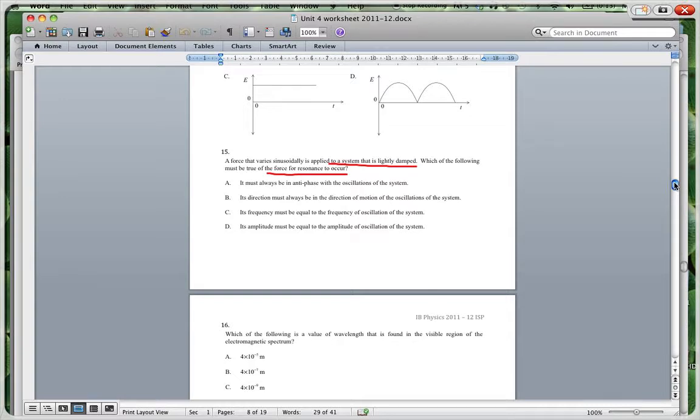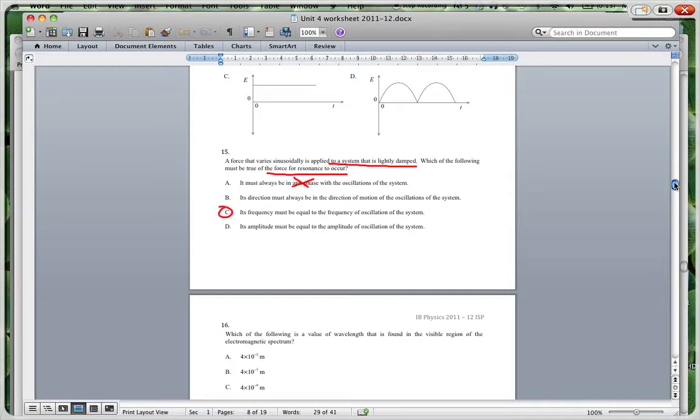It wouldn't be in antiphase. Its direction must always be in the direction of motion of the oscillation of the system. Not always, no, because sometimes it would be in the opposite direction, if you're going towards the equilibrium.